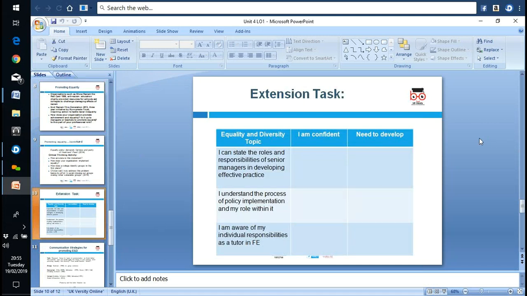So, a task. I can state the roles and responsibilities of senior managers in developing effective practice. I understand the process of policy implementation within my role within it, and I am aware of my individual responsibilities as a tutor. I am confident, or I need to develop.